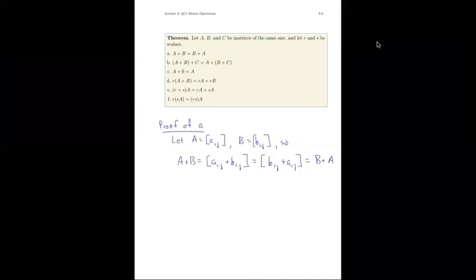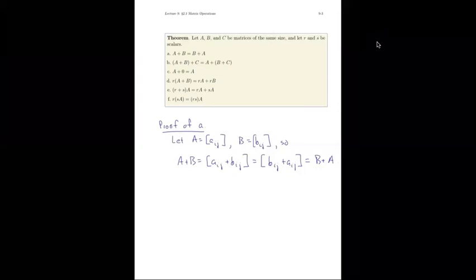Remember, it seems like something you would take for granted. These are properties that real numbers have. But it's interesting to note that matrices also share these properties, and in a large way, that comes from the fact that real numbers have those. It's inherited. But we will see some properties that matrices don't inherit from real numbers by the end of this section.